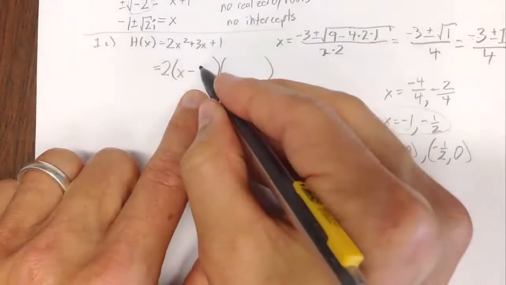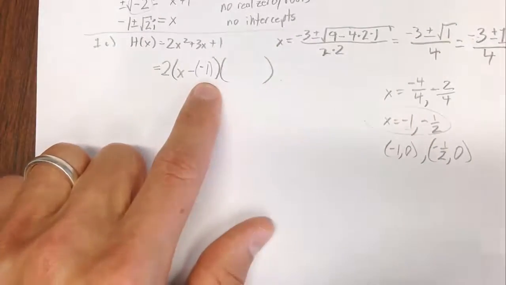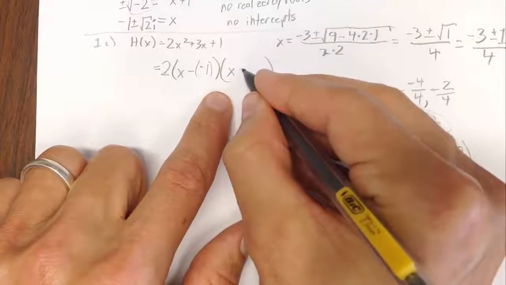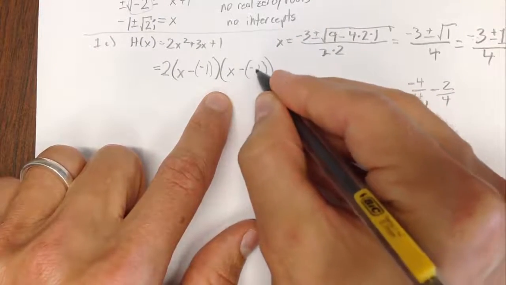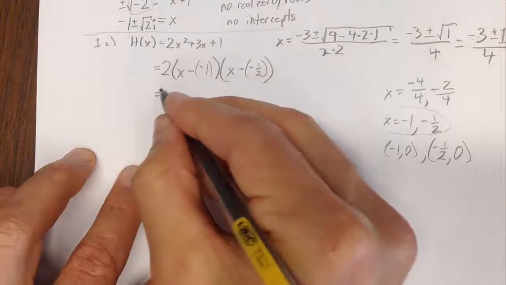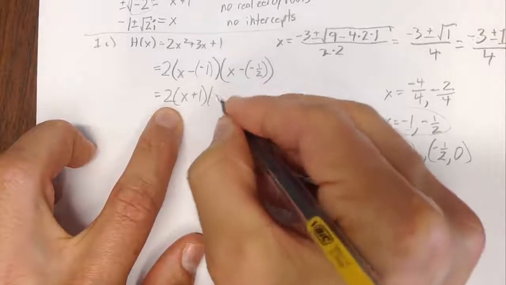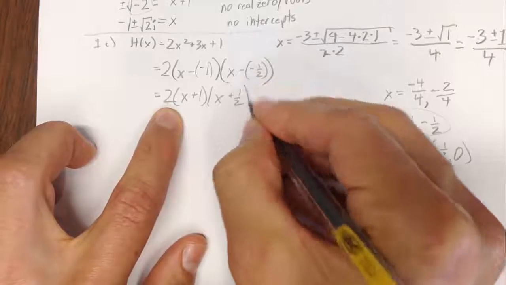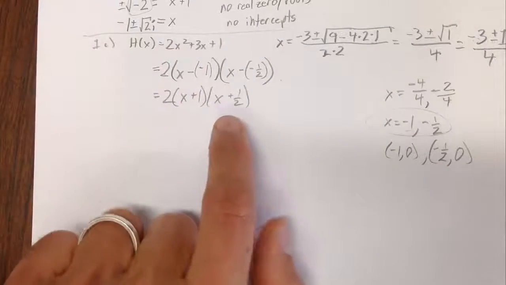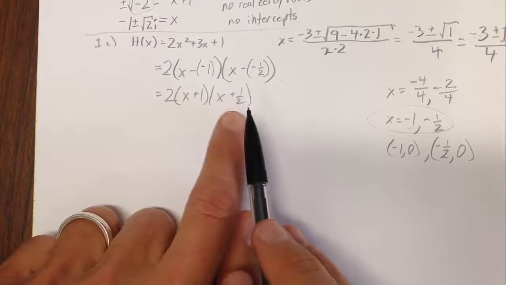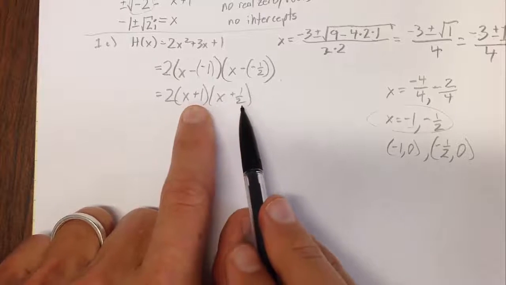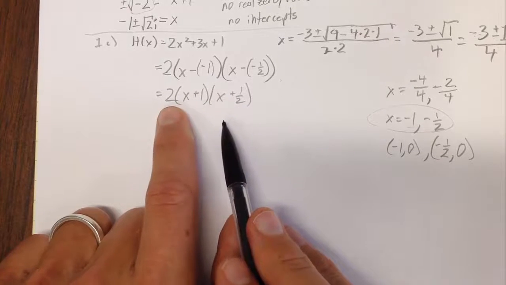The first solution is -1, x minus the second solution, -1/2. So you could actually double check that 2 times x plus 1 times x plus 1/2 is what actually equals that. But you might not have ever been able to see that this factors as 1, 1/2, and 2.